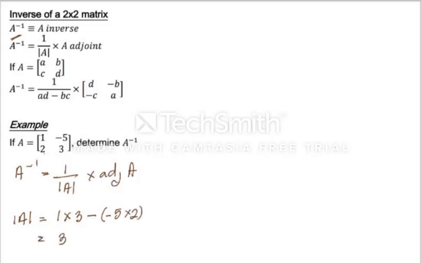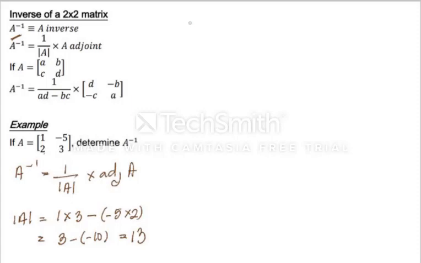So this would be 3 minus 10, and 3 minus 10 would be equal to 13. So the determinant of A is 13.